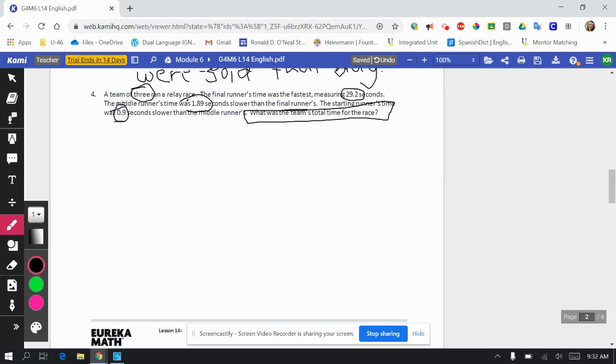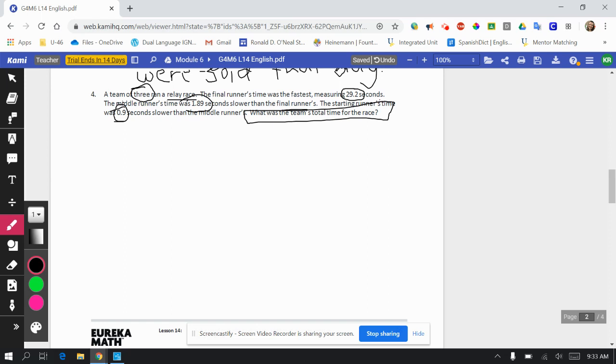All right. Underline important information. A team of 3 ran a relay race. Anything important there? I'd say the situation to know it's a race. The final runner's time was the fastest, measuring 29.2 seconds. The middle runner's time was 1.89 seconds slower than the final runner's.